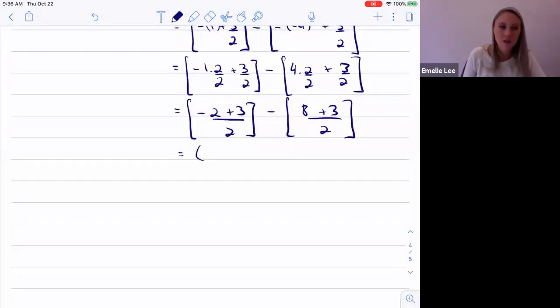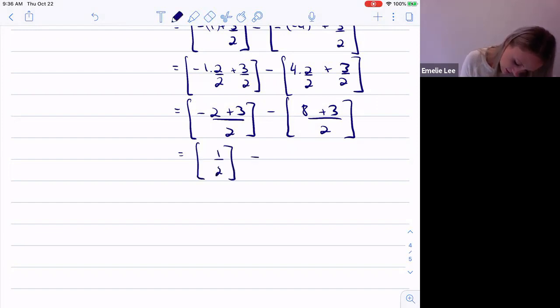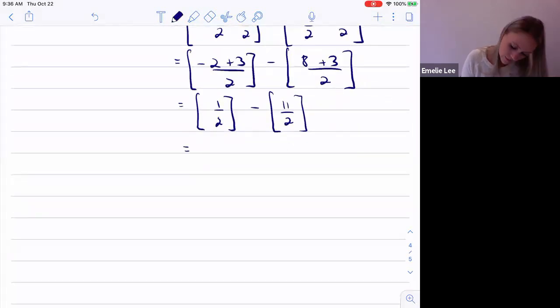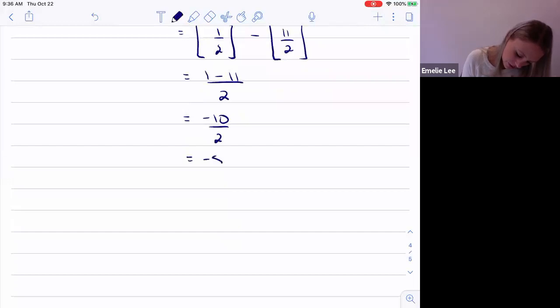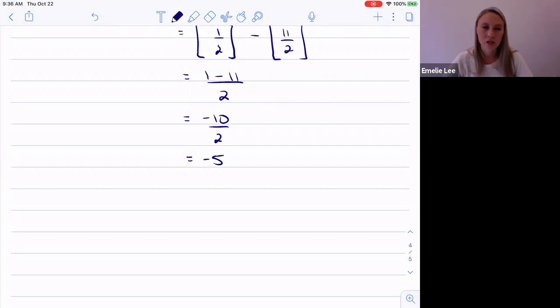Negative 2 plus 3 is 1 over 2, minus 8 plus 3 over 2 puts me at 11 over 2. 1 minus 11 over 2, they're both over 2, so this is going to be negative 10 over 2, which should put me at negative 5. So the net change is going to be -5.